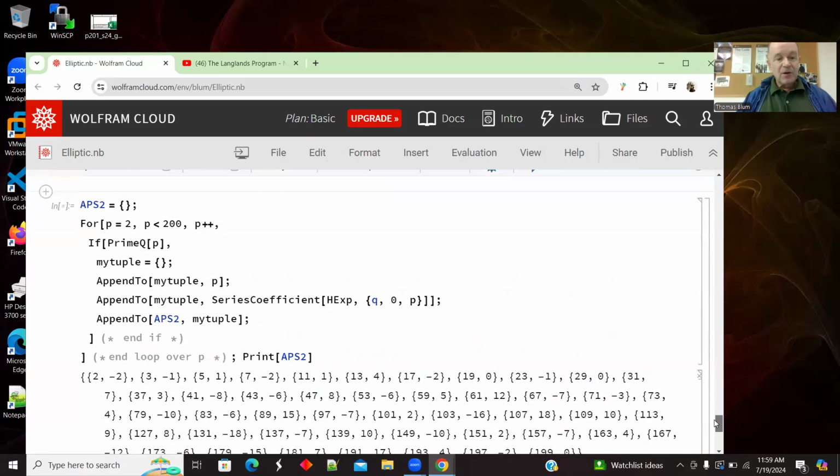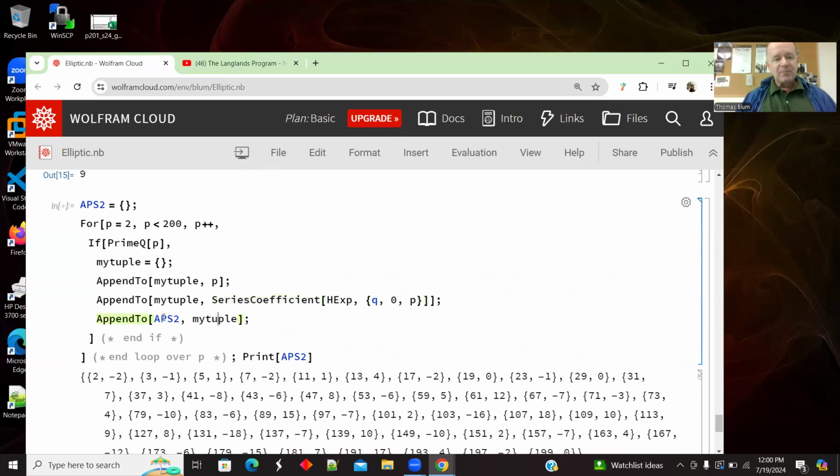Okay. So now I'm going to get my APs again, my list of AP tuples again, but in this other way. So I have my loop over P's. I'm only interested in the P primes. I'm going to make a tuple. My tuple is going to be the P, the prime, and then this coefficient. So here's my expanded harmonic thing, and I'm taking the P coefficient of Q around 0.